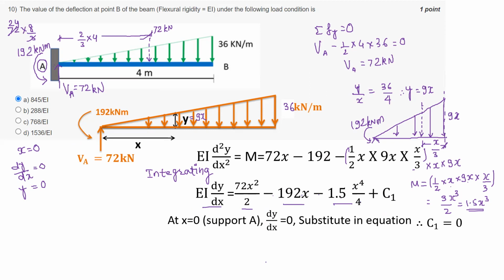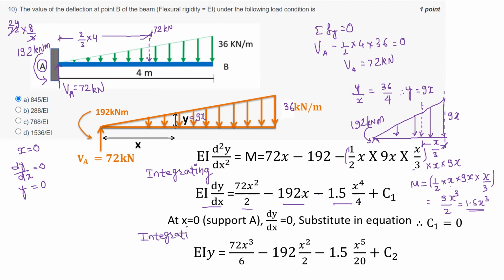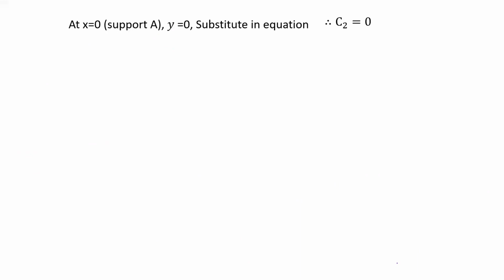Now again we will integrate it. Then what will we get in this case? We have 72x cube by 6, the integration of this part, minus the integration of this part, 192x square by 2, and minus 1.5x to the 5 upon 20 plus C2. Again, we know at support A we have y 0, so we will get the value of C2 equal to 0.